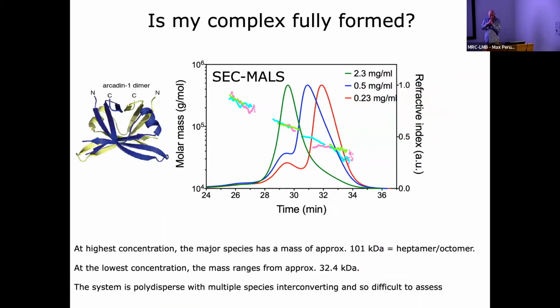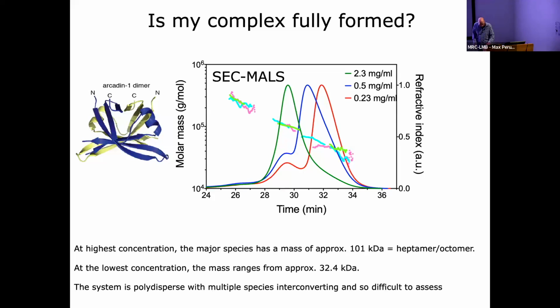In the question here, this shows you how we can resolve the failure of SAC-MALS. This is a question of how much my protein can dimerize. This is from Jan Lowe's group, this archaeal dimer. In SAC-MALS, at the highest concentration, the highest species there was maybe a heptamer or octamer.